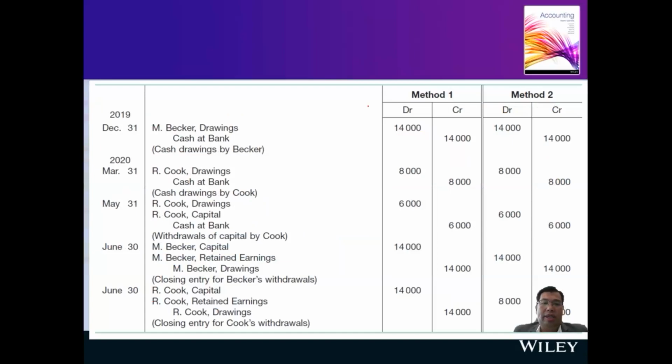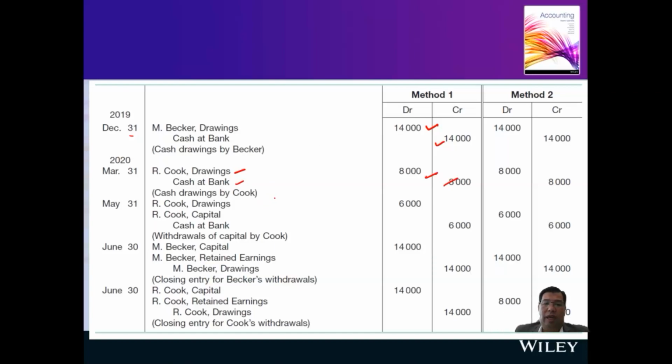Under method 1 it is easy. On 31st December, debit Becker's drawing account 14,000, credit cash. Very straightforward. Then when Cook withdrew money, 8,000, debit drawing, credit cash, because cash reduced.